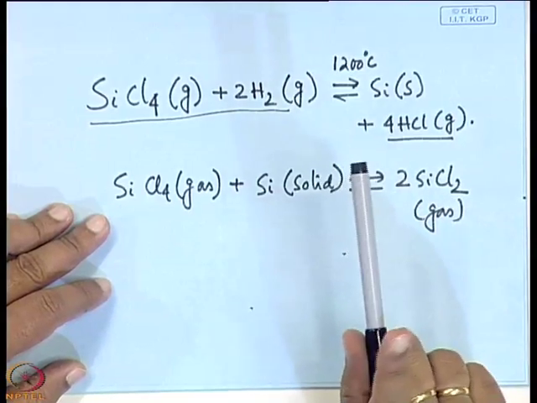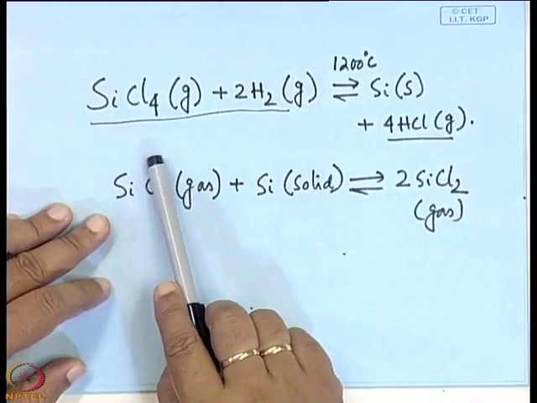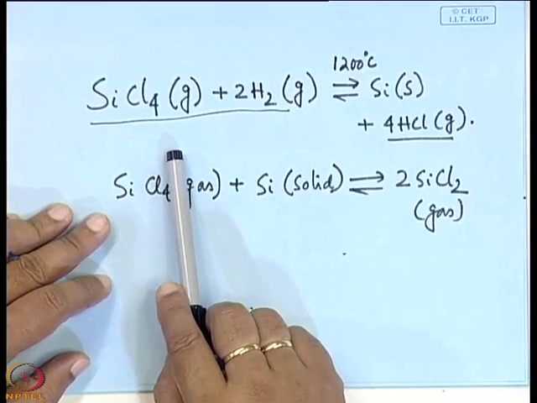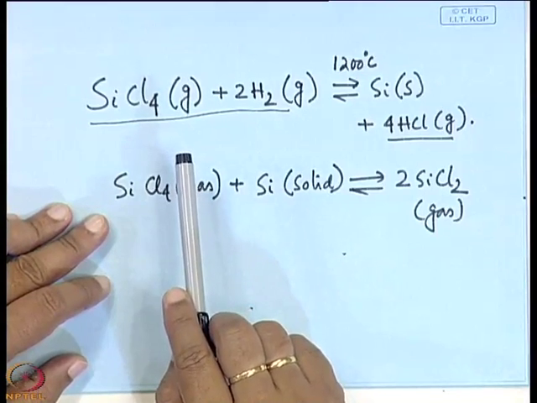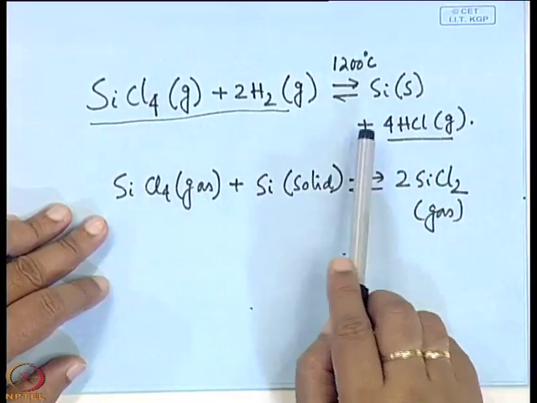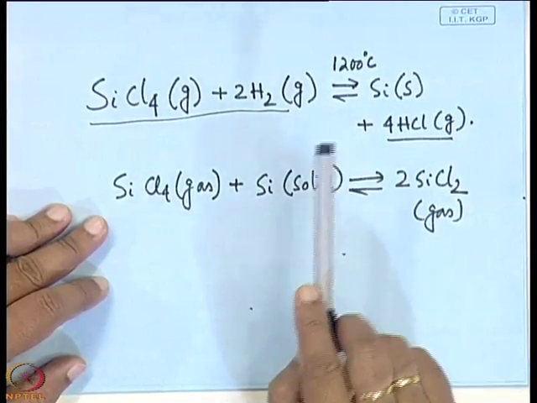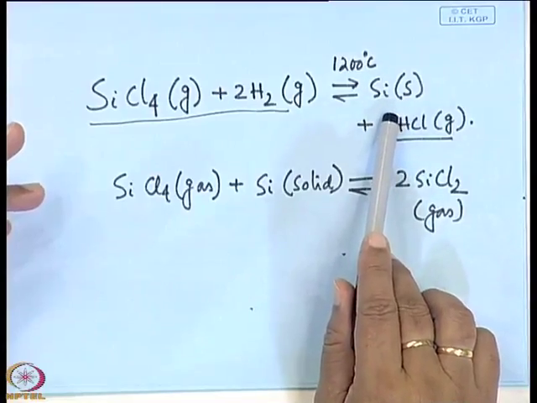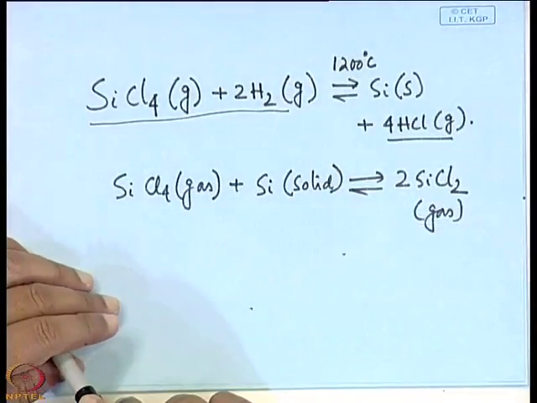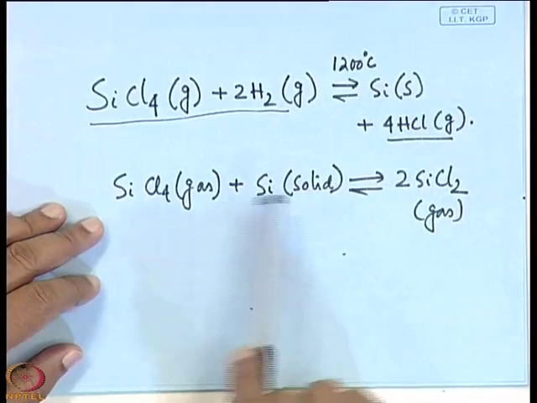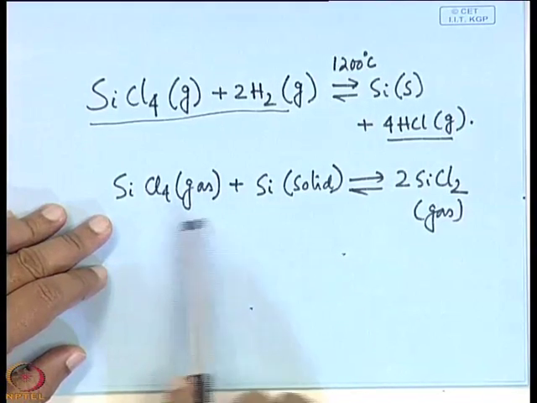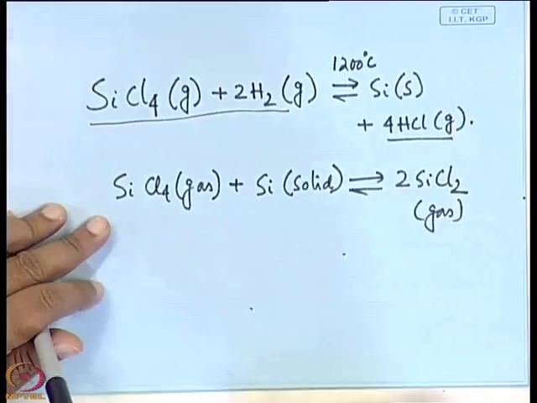That means, if the quantity of SiCl4 is large, what will happen? There will be a reversible reaction, and so instead of forming, the film can be etched. Solid silicon means the film. So, the top of the film can react with silicon tetrachloride to form SiCl2. That means there will be etching, there will be removal of the silicon film from the substrate.